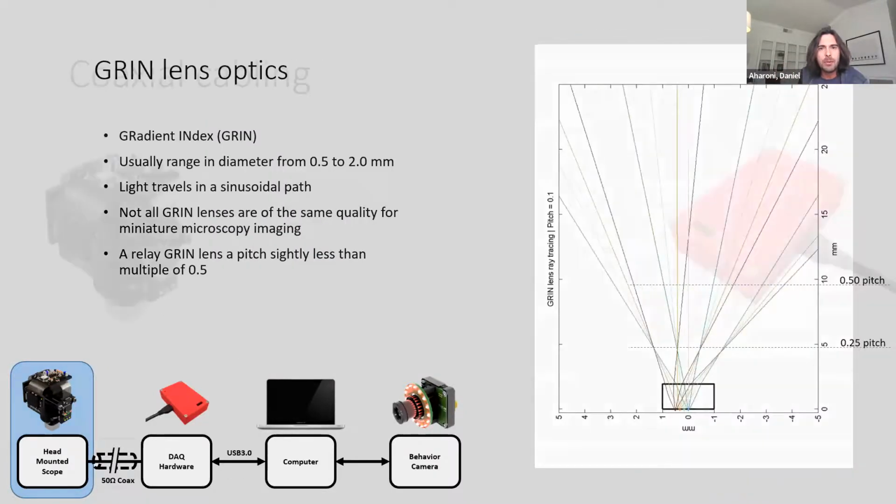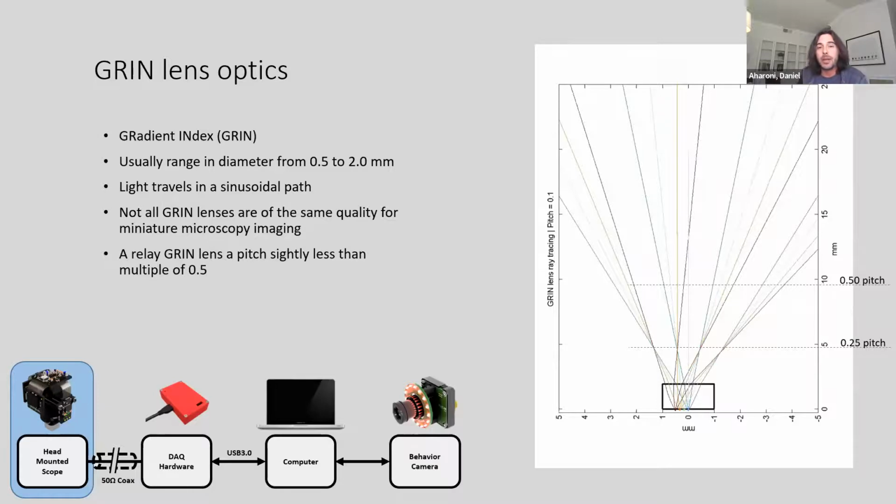We'll skip over this. If people have questions about how GRIN lenses actually work, we can talk at a breakout room. The one key I'll point out is that not all GRIN lenses are made equal. Most GRIN lenses out in the world have been developed not for this type of imaging, but to couple fibers together for telecommunication. Almost all GRIN lenses do not work well when imaging in these configurations used for miniature microscopy.